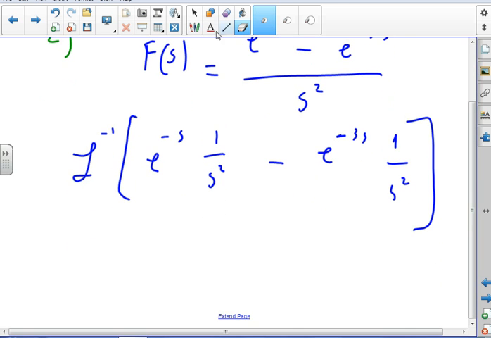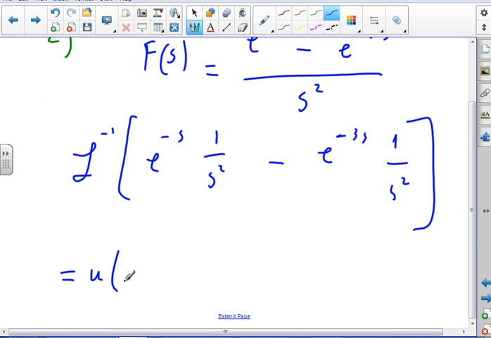I'll now apply the theorem to the problem, and it says that this is going to be the unit step function of t minus 1, because there's a 1 sitting there in front of that s, times the function. Okay, now the inverse Laplace transform of 1 over s squared is t, right? Yes, it is.